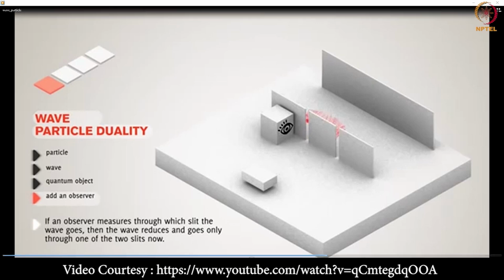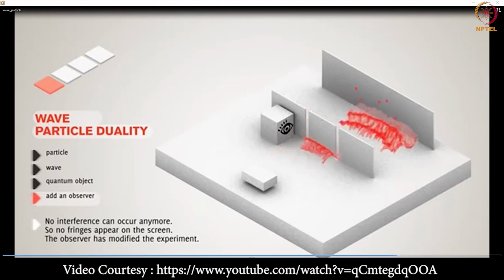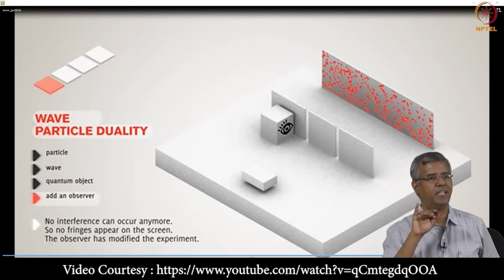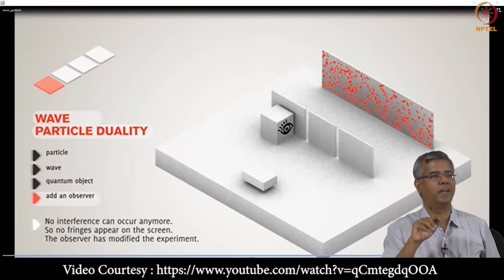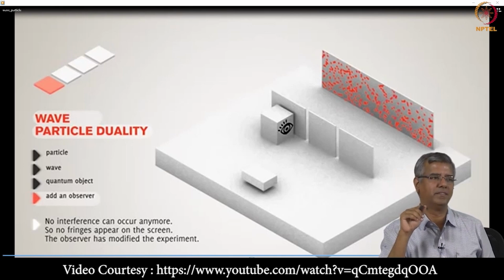That's trying to observe what's happening. And so what do we see there? No interference pattern, no wave-like property. So why is that happening? The process of observation, what does that mean?